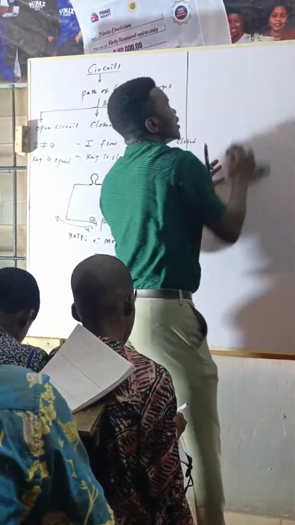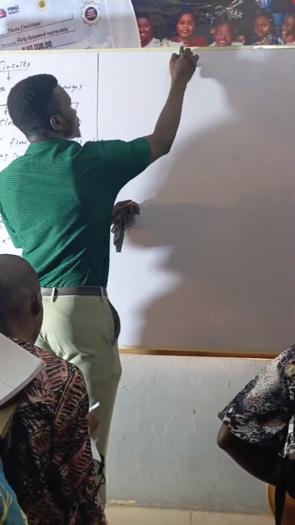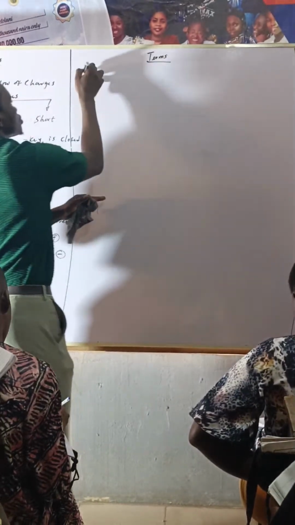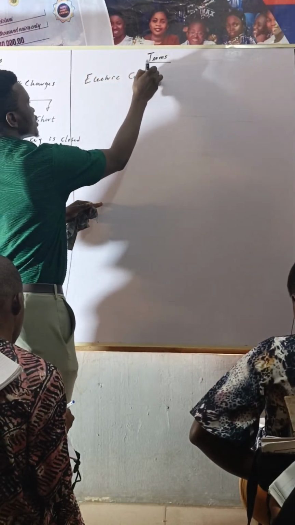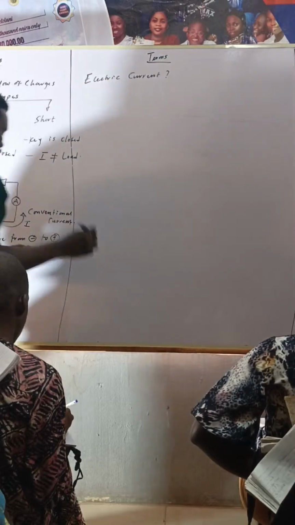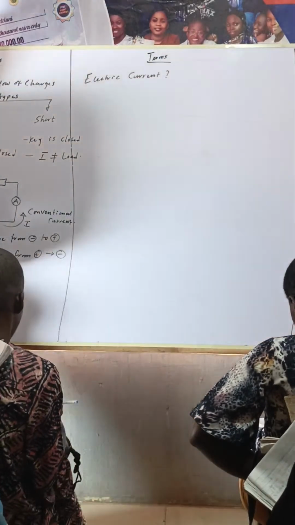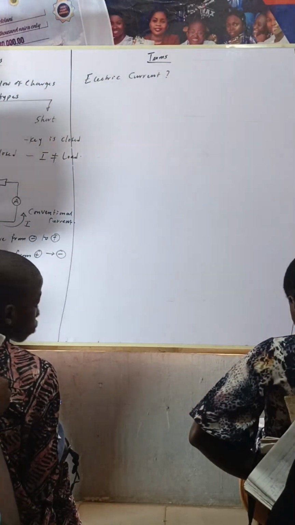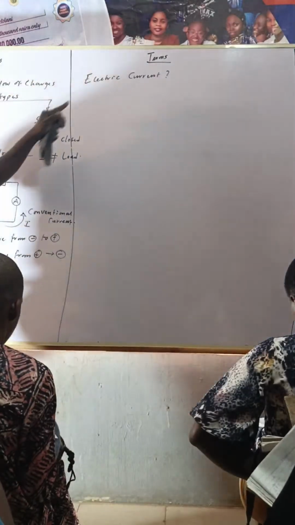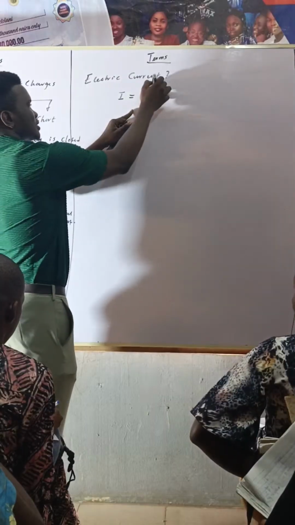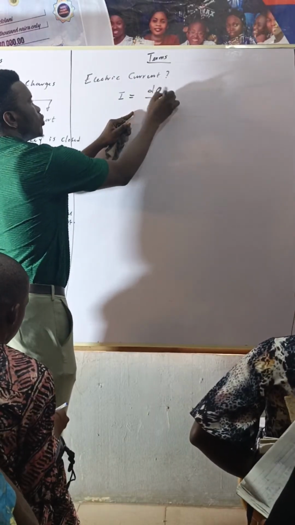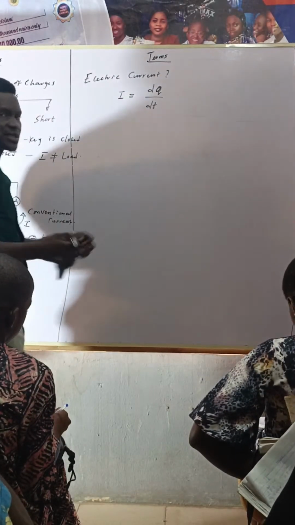That's the first term to start with. So, what is electric current? I said current is moving in this circuit. Electric current, I, is defined as the rate of flow of electric charges.